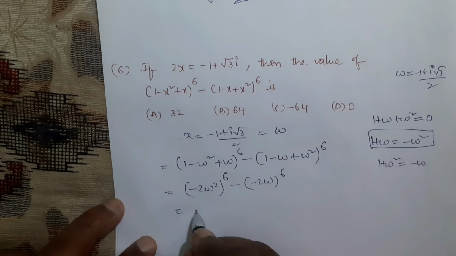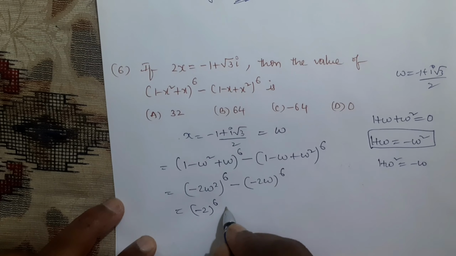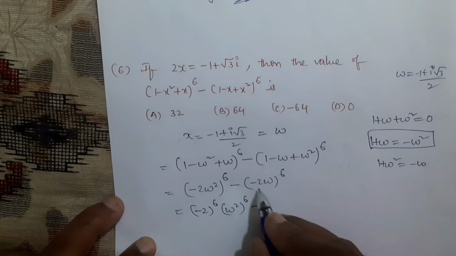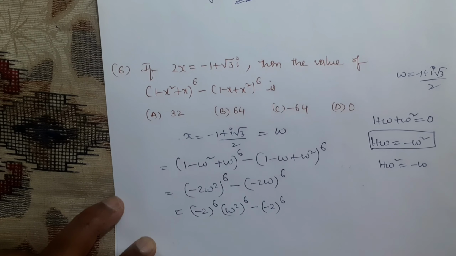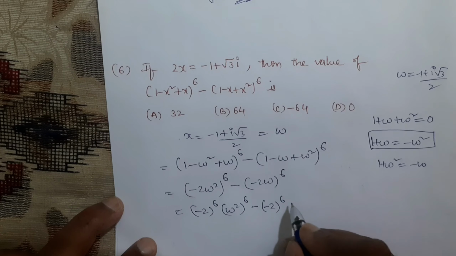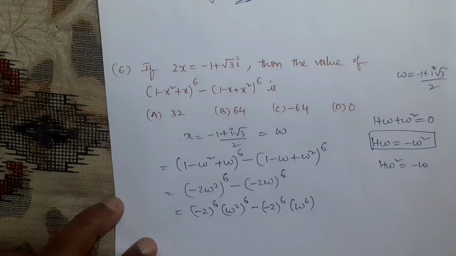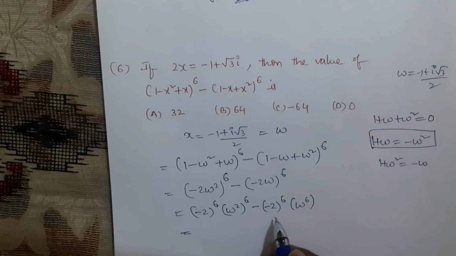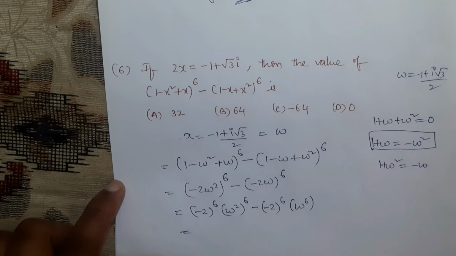This one we can write as (minus 2) power 6 into (omega square) to the power of 6, minus (minus 2) to the power of 6, which we can take common, and again this is omega power 6. So it will become minus 2 power 6 minus 2 power 6. I will take common.